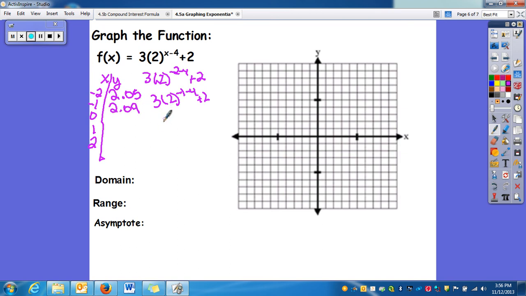And we do the 0. 3 times 2 to the 0 minus 4 plus 2. So it ends up being 2 to the -4. Take that times 3, add 2. Sorry, my calculator messed up. And we get 2.19.